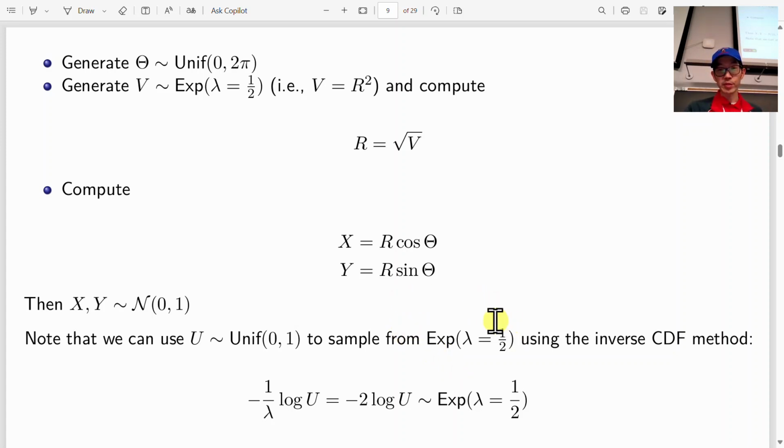Using the inverse CDF method, you'll get an r and a theta, and then you can go from r cosine theta and r sine theta into an x and y, and x and y will be independent standard normal variables.